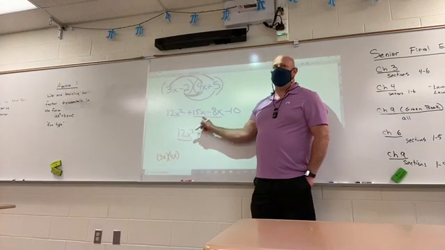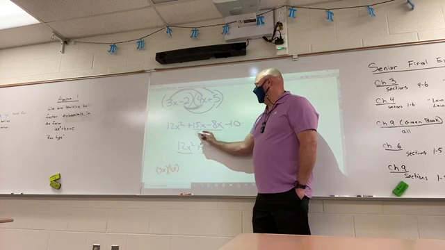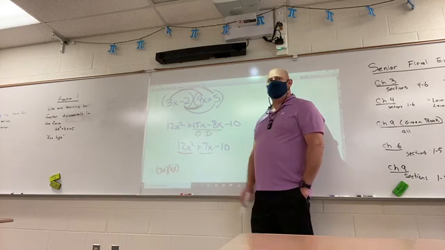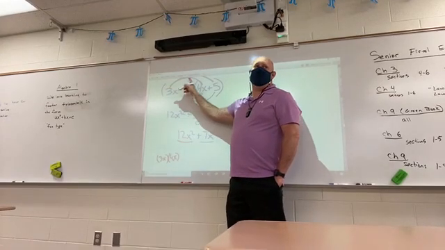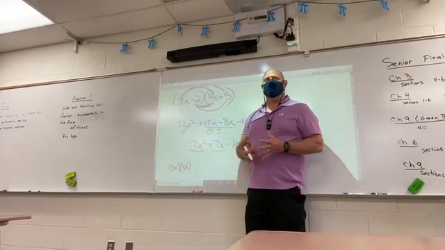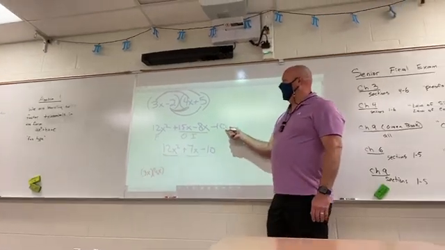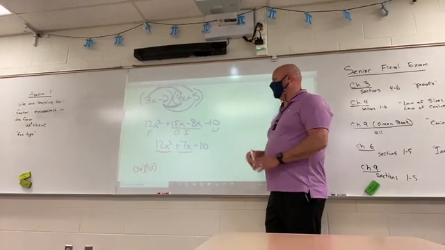So this middle term is always going to be the outsides and the insides, right? The 12x squared came from the 3x and the 4x, which was the F. That's the first terms, right? The negative 10 is going to come from the negative 2 and the 5, which was our last terms.